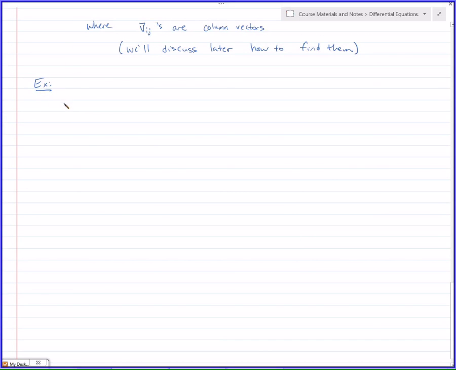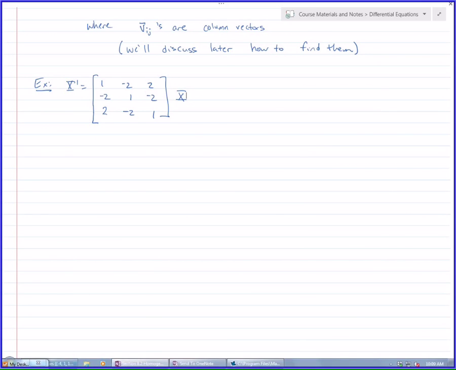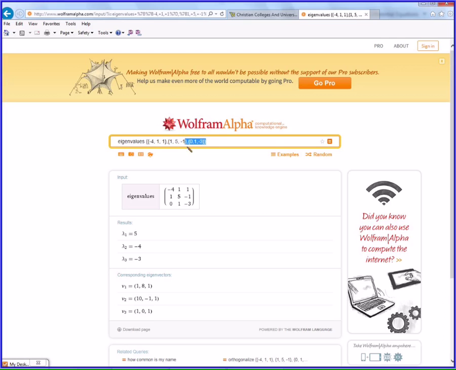So example, let's say we've got x prime is the matrix 1, -2, 2; -2, 1, -2; 2, -2, 1, times x. So again, what I would do, jump over here. Let's go type it in.